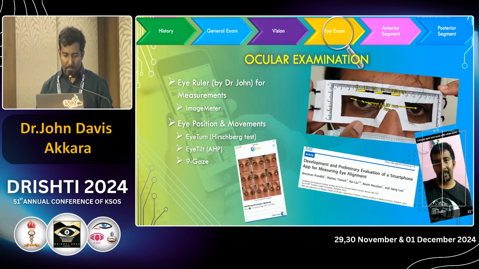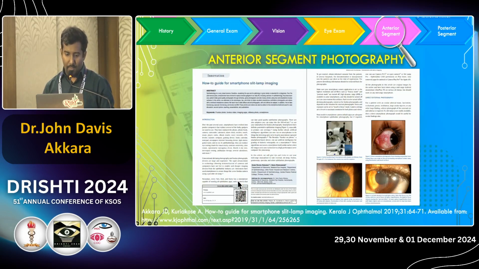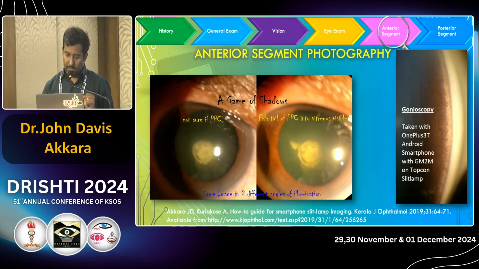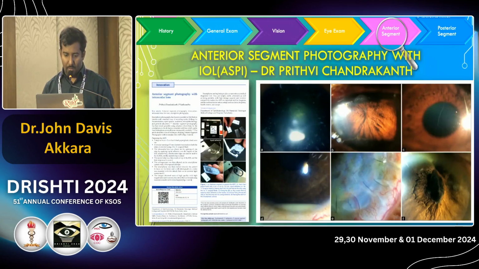And head position, eye position, there are apps like Eye Turn and Eye Tilt for measuring the head tilt positions, and the 9-gaze app for documenting the 9 gazes. Then a lot of anterior segment photography, Dr. Prithvi has covered it, and you can do all these photography much better than a commercial slit lamp camera, if you use the lenses and lighting correctly.